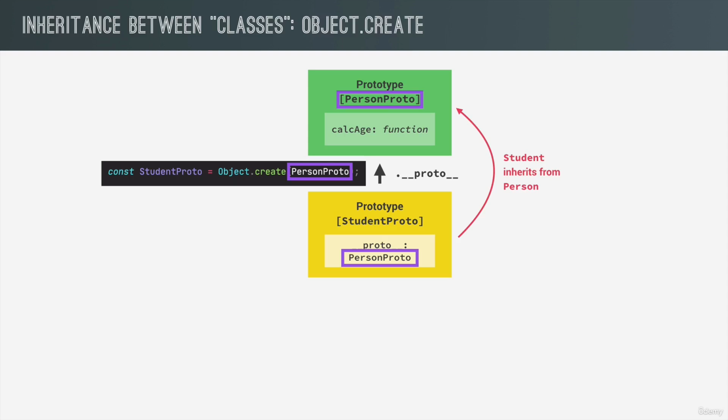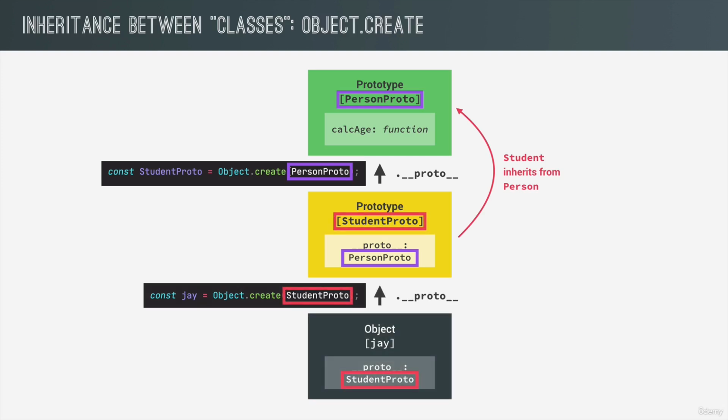Now to finish, all we need to do is to use Object.create again, but this time to create a new actual student object. And of course, we make the student, so jay in this case, inherit from StudentProto, which is now jay's prototype. And like this, we created a nice and simple prototype chain. So jay inherits from StudentProto, which in turn inherits from PersonProto. And therefore, the jay object will be able to use all the methods that are contained in StudentProto and PersonProto.